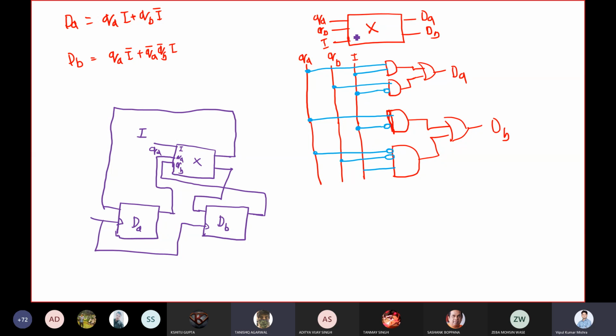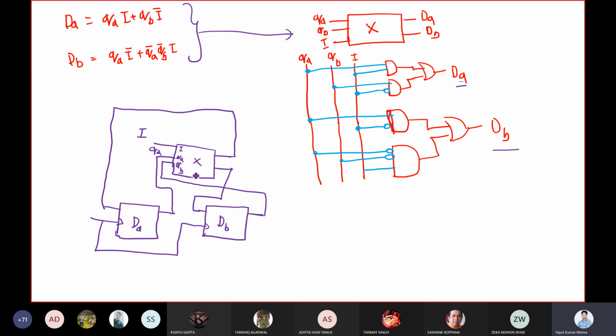Right? So here I have these two equations. I made a separate module, I just named it the X module, where I realized these two equations. The equation we already know: QA I plus QB I bar. So here we have written QA I bar, and the OR gate gets DA. Similarly, for the second equation, we have made this AND-OR circuit and we got DB. Now what I have done is I took this X and attached it here.